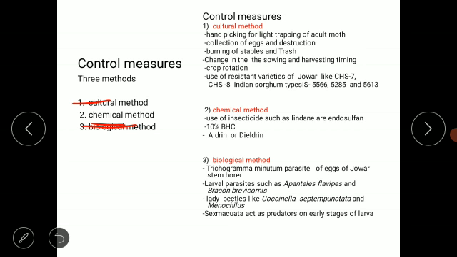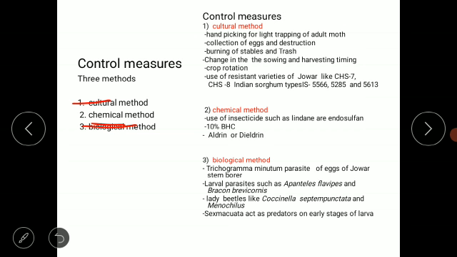In the cultural method, hand picking is important. Whenever we observe the larva or the adult moth, we pick them with our hands. Either we pick the larva or the caterpillar by hand, or we crush the eggs if we observe them.